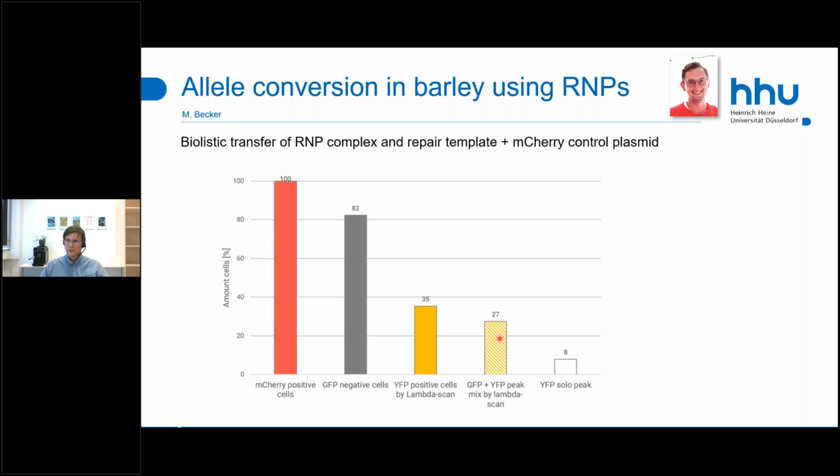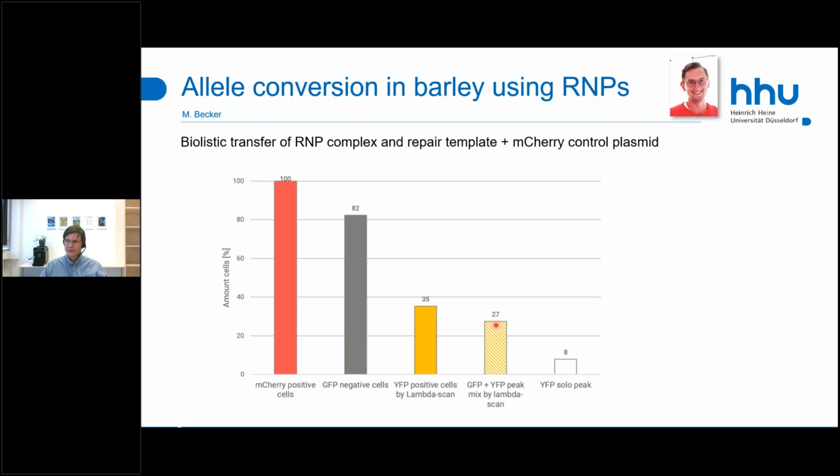And if we then split this up, barley is a diploid organism, so theoretically you could have one GFP, one YFP, or one mutated GFP, one YFP, or two YFP, and this is given here.